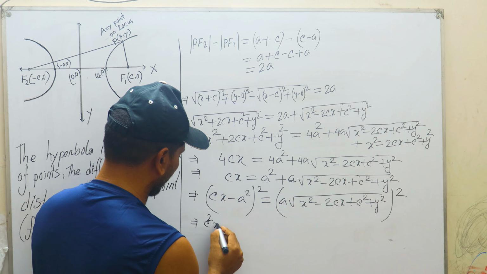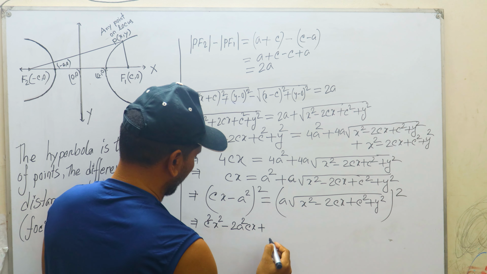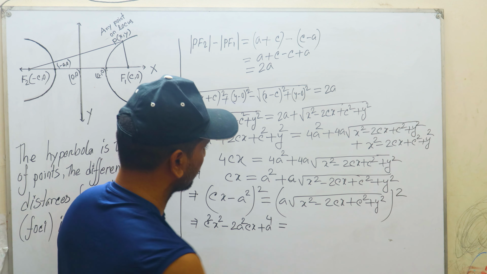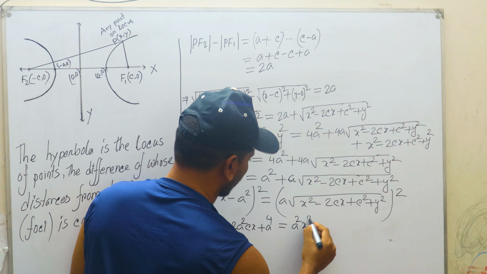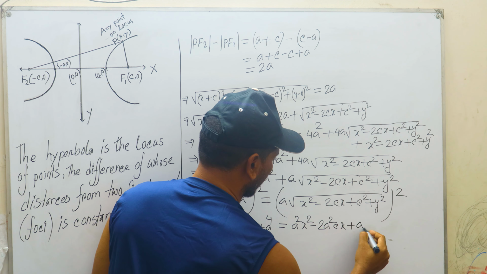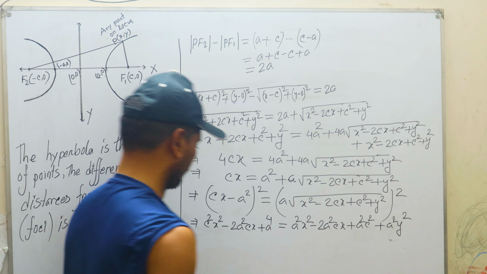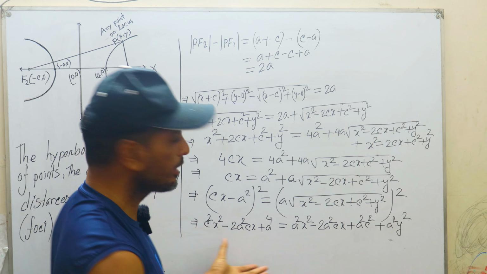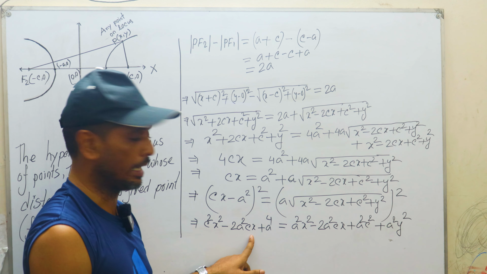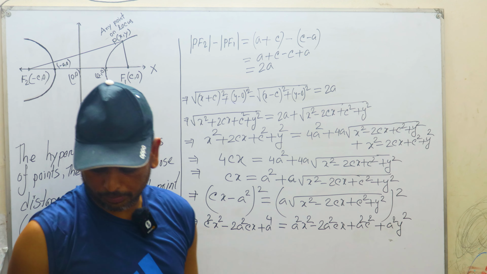That means c square x square minus 2a square cx plus a power 4, and here will be a square x square minus 2a square cx plus a square c square plus a square y square. Now like terms from both sides cancel: minus 2a square cx on both sides cancels.